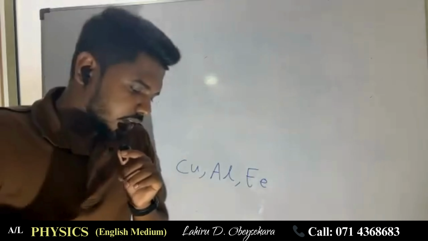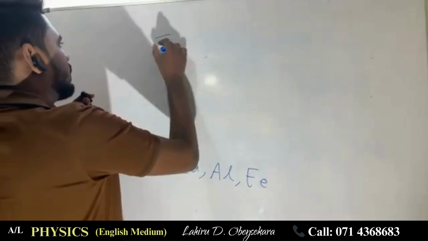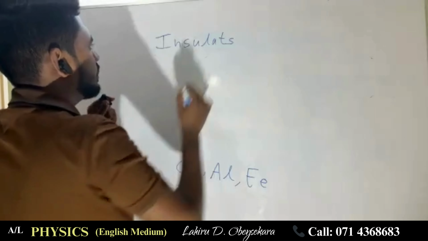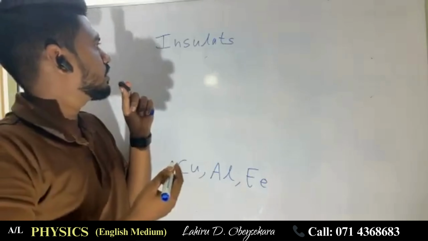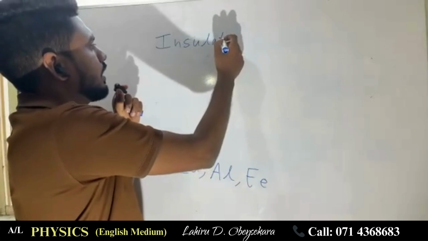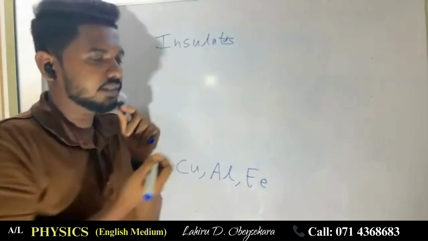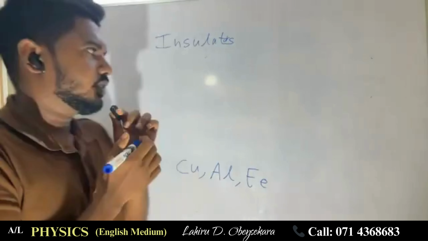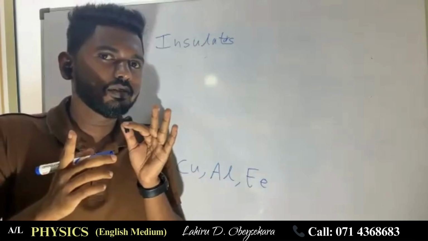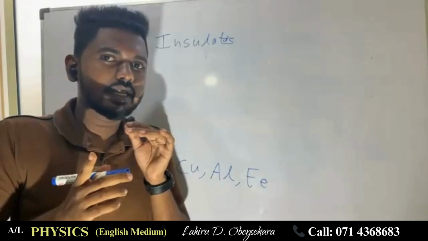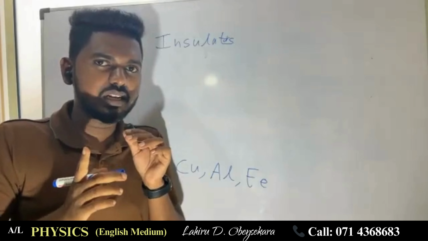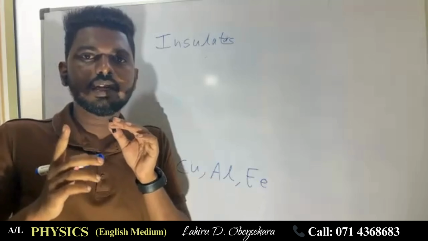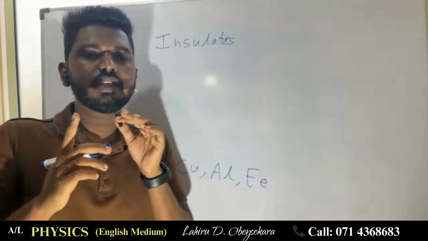Okay, now what is known as insulators? The things that current do not pass are known as insulators. That means there are no free electrons. Previously we discussed that in metal, what happened? 10 to the power 28 or 23 or something.